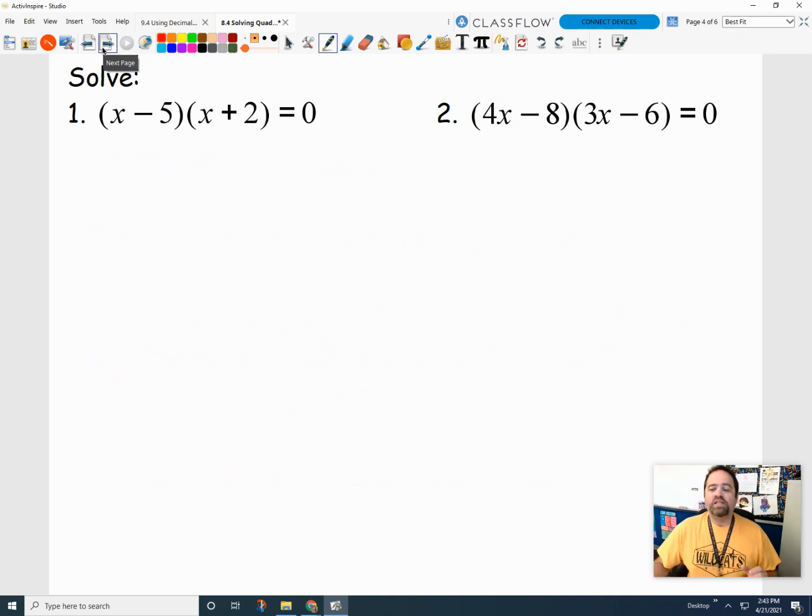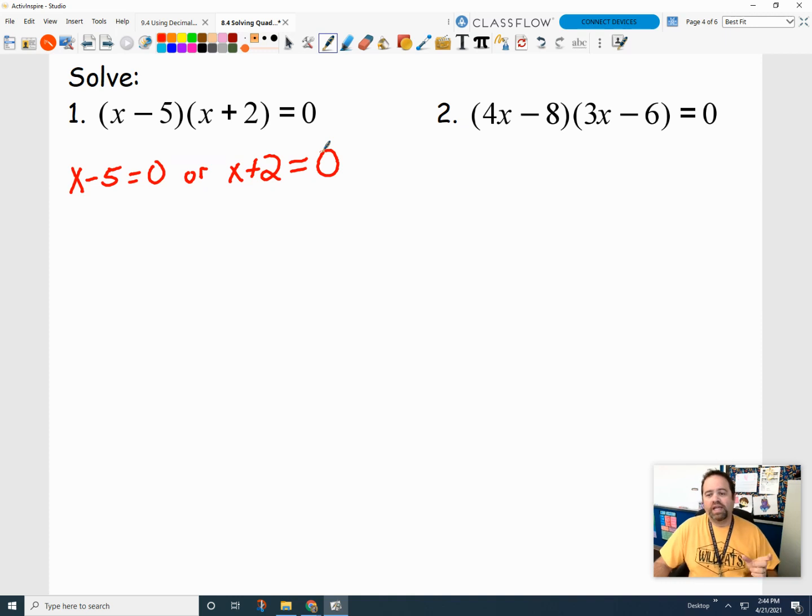So these are basically already factored. This quantity here, x minus 5, times x plus 2 equals 0. That means that the first one has the potential to be 0, or, and I use that word or, not and, x plus 2 could possibly be 0.